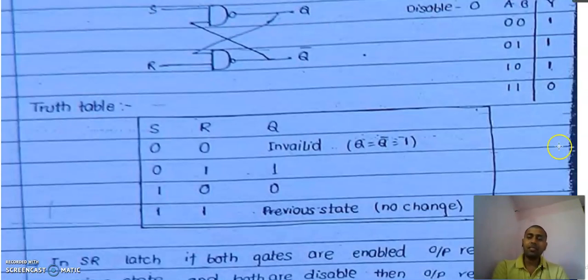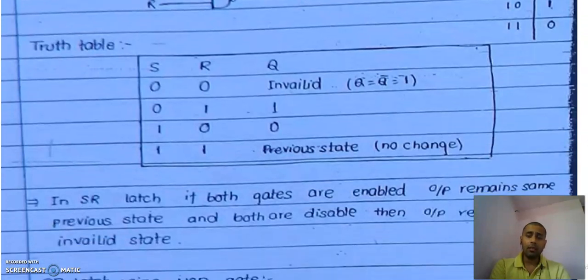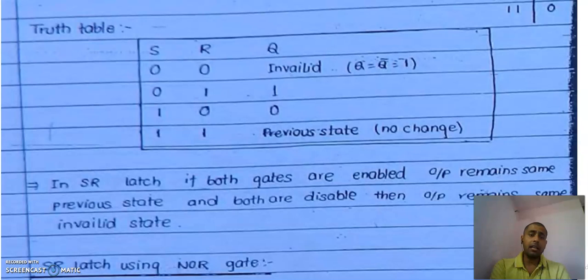So this is the disadvantage, or we can say that we are getting the opposite or inverted output, which can be avoided if we use the NOR gate, then this problem does not occur. In SR latch, if both gates are enabled, output remains the same as the previous state, and if both are disabled, then the output is the invalid state.